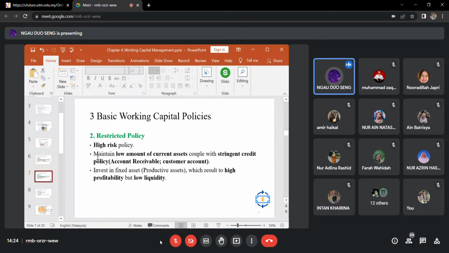Restricted policy maintains a low amount of current asset. So inventory is low, account receivable is low, they don't give credit to customers. Maybe if they allow it, it would be 1 week, with a stringent credit policy.